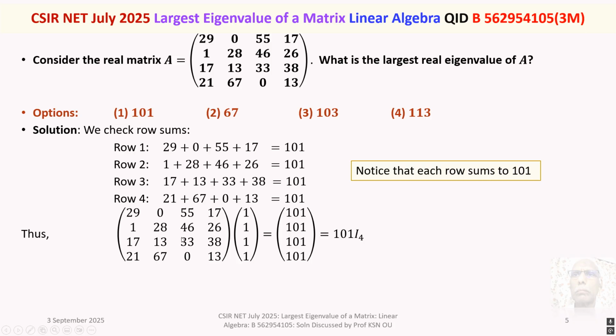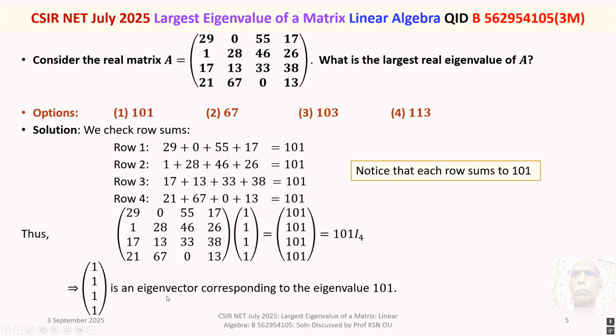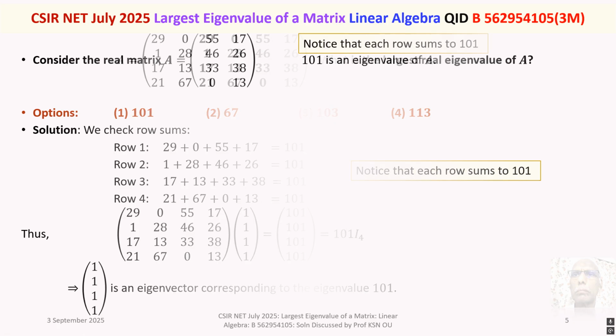This is like Ax equal to lambda x, where x is a non-zero vector. So that means 101 is an eigenvalue and the corresponding eigenvector is (1, 1, 1, 1), which is not equal to 0. Thus we got one eigenvalue, that is 101. We continue in the next slide.